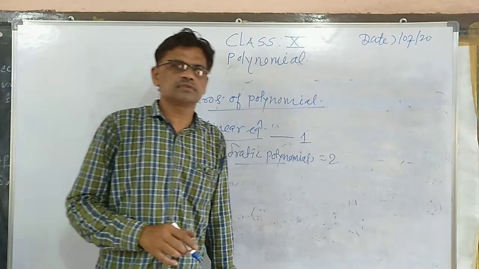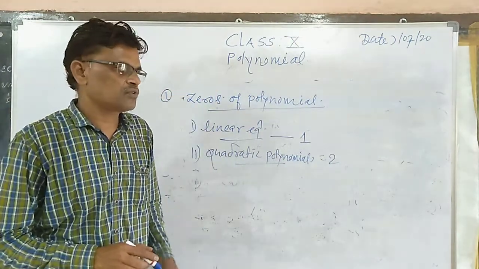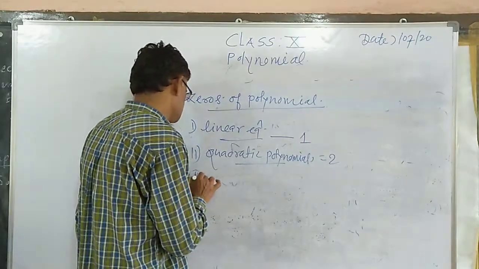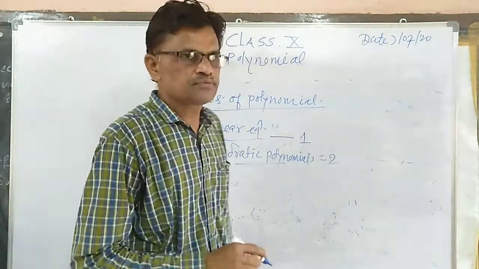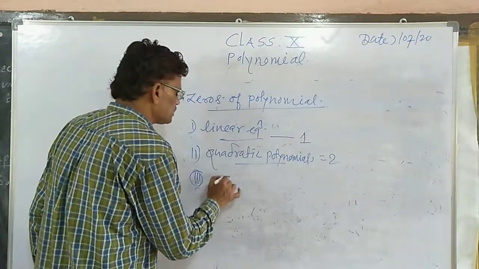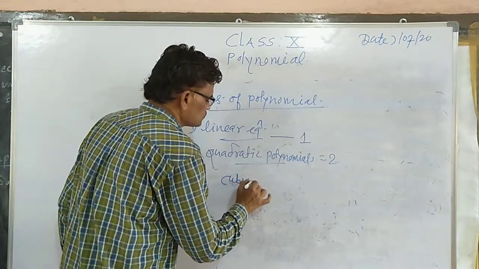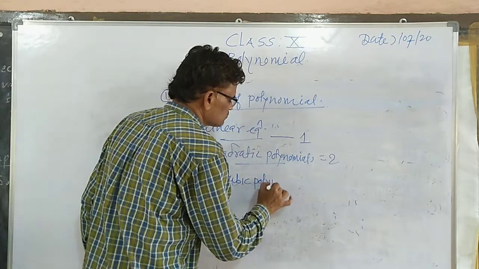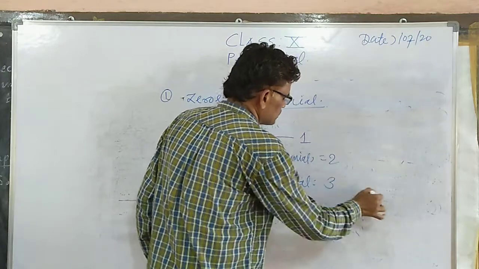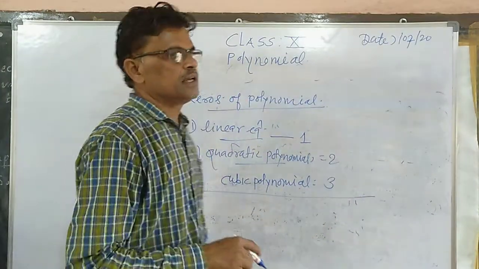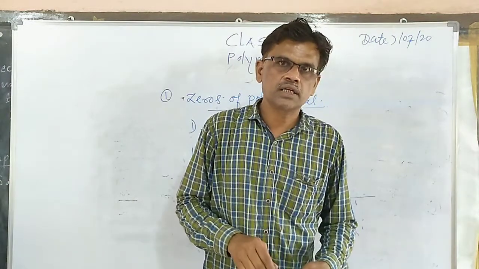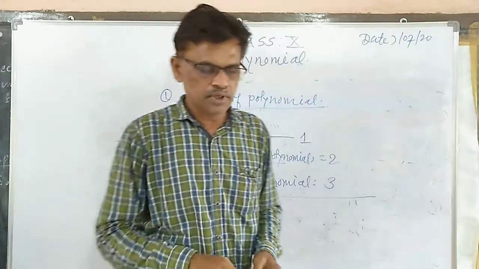Why? Because the degree of a quadratic polynomial is 2. Then the third one, how many zeros are there in a cubic polynomial? There are 3 zeros in a cubic polynomial.